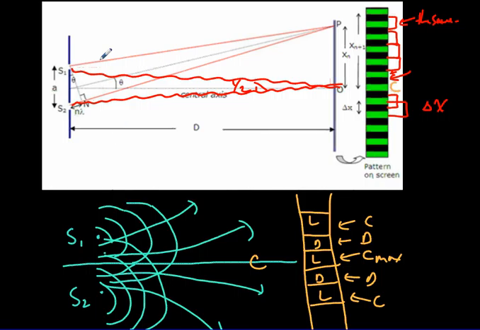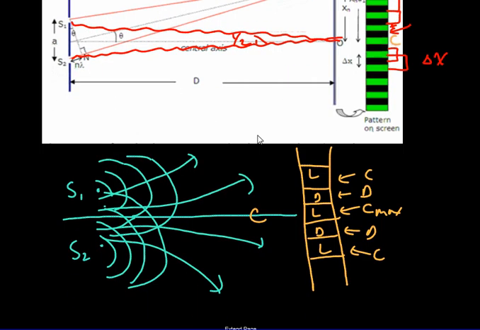Now, we don't use the exact same nomenclature that this person is using here, so I'm just going to redraw what we actually use for ourselves. Let's set this up. You're going to have a straight line here, and there's going to be your 2 openings.